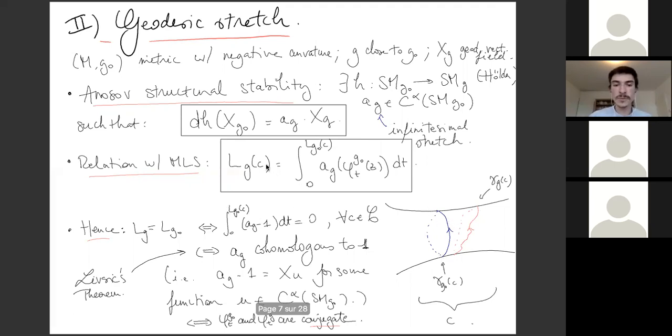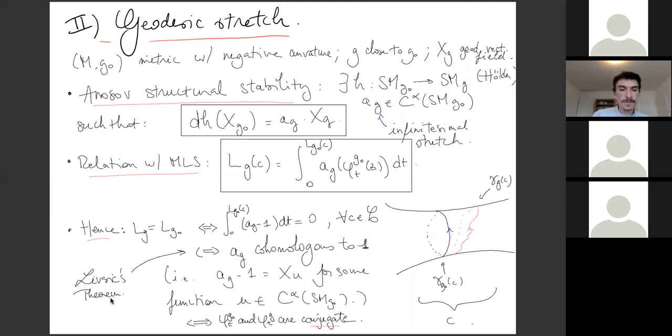What you can see from this is that if the 2 metrics have the same marked length spectrum, namely L_G equals L_G0, then this means that the function A_G minus 1 integrates to 0 along all closed geodesics.